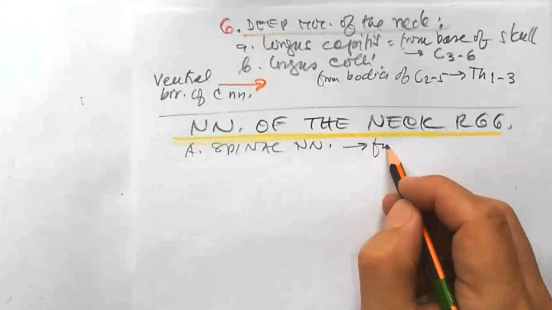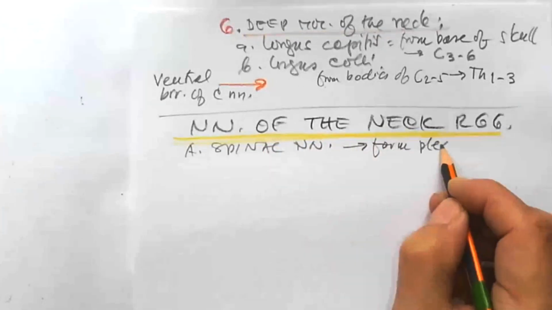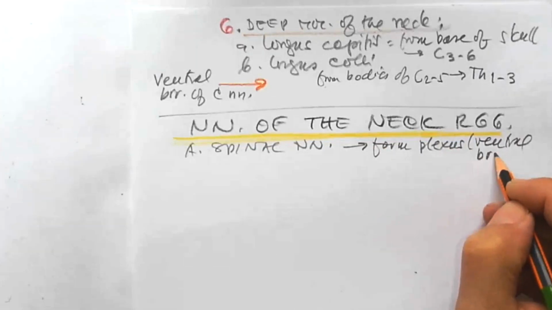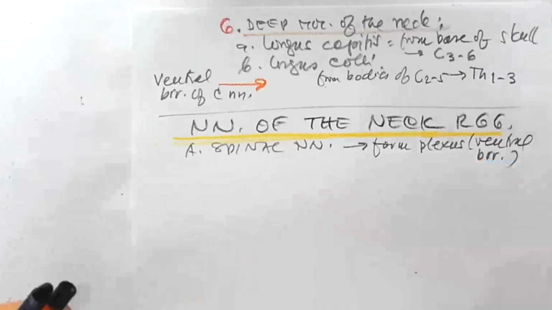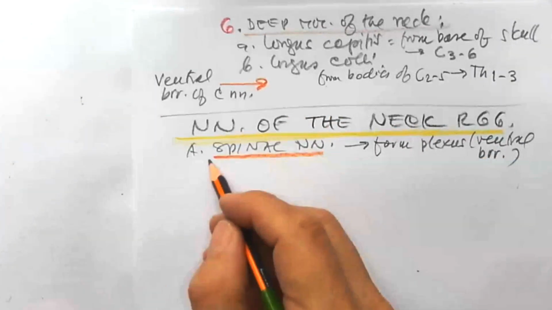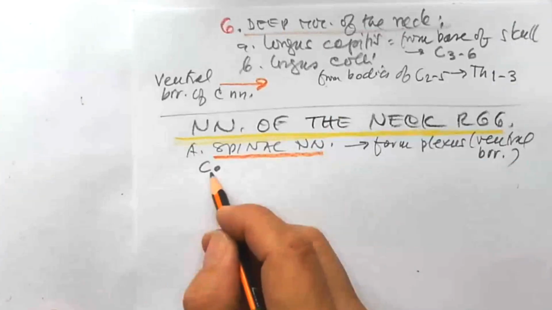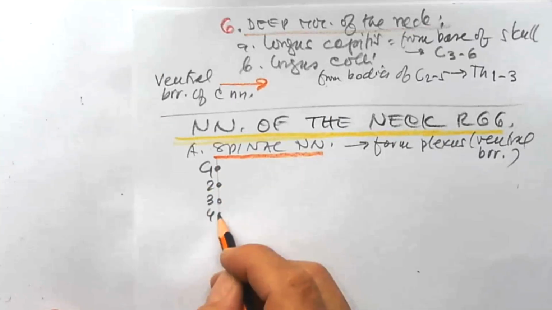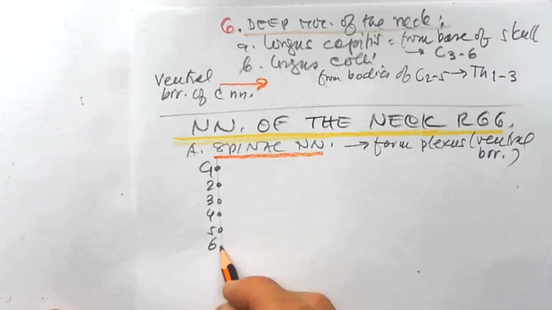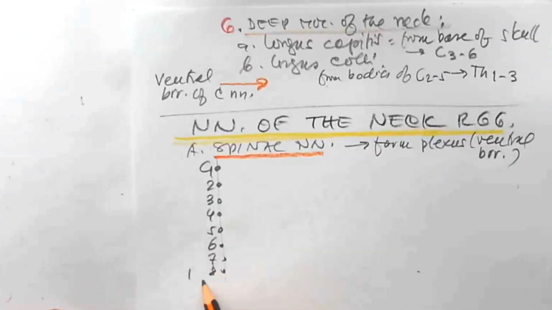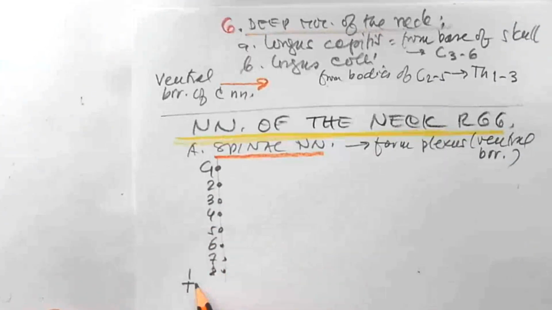They form plexuses, but not all of them, just the ventral branches, and then the spinal nerves, underlined here in orange. Quickly, we see the segments C1, C2, C3 on one line, C4, C5, C6, C7, C8, and T1.